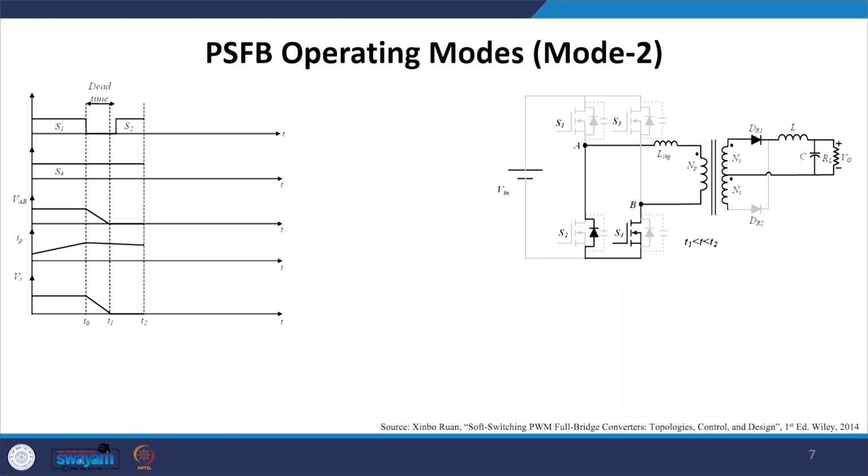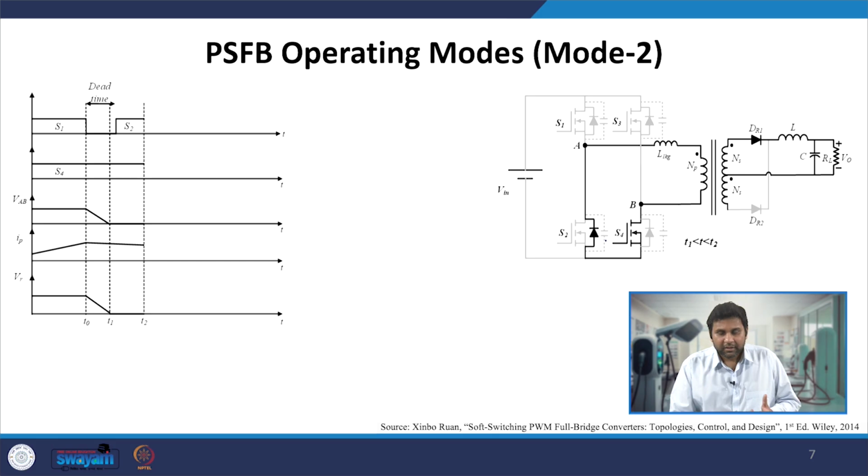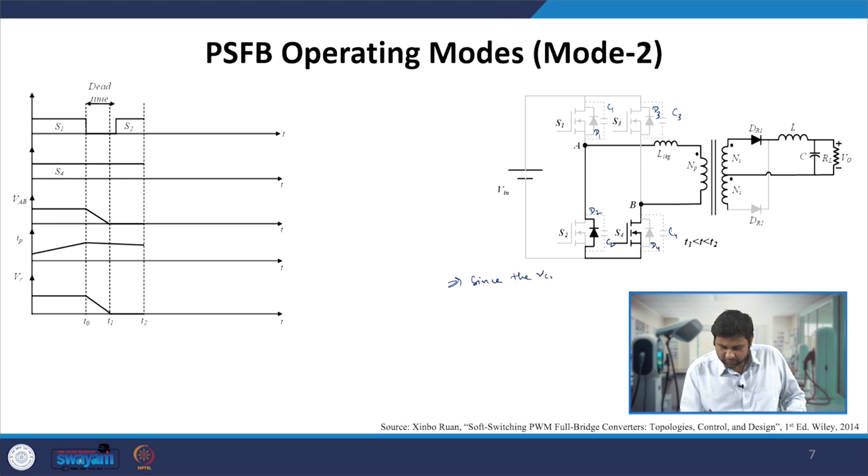Since the voltage of Vc2 goes to 0, the diode D2 turns on, and that meets the IP current. Here we have D2, C2, C1, D1, C3, D3, C4, D4.